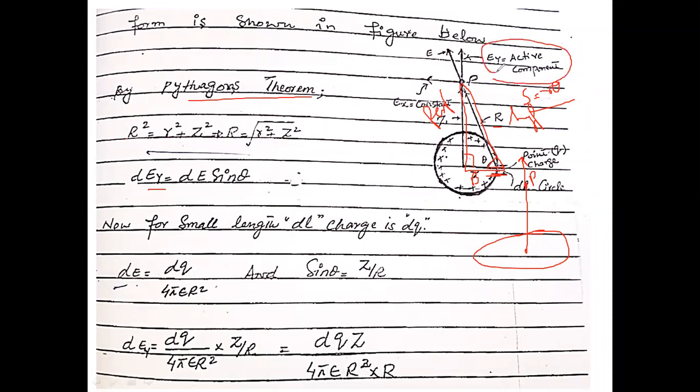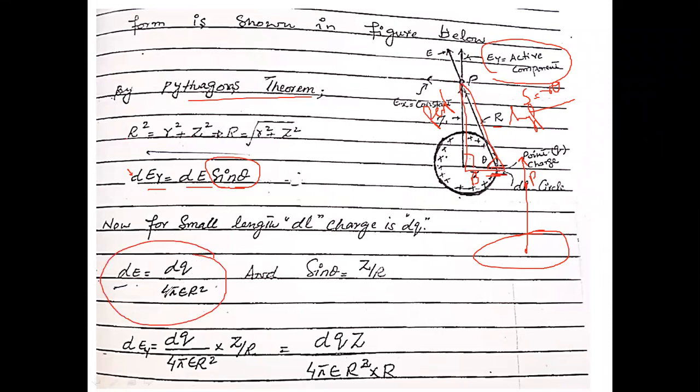So again we have dE_y. dE is due to the small portion, so dE_y is equal to dE sine theta, meaning the y component.